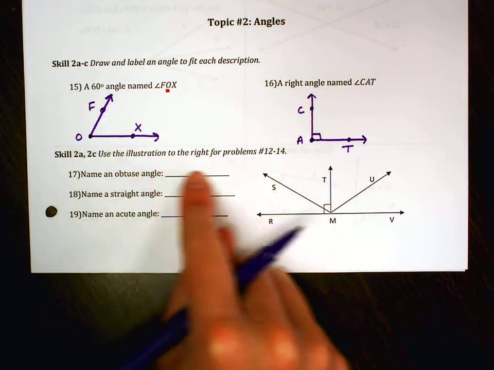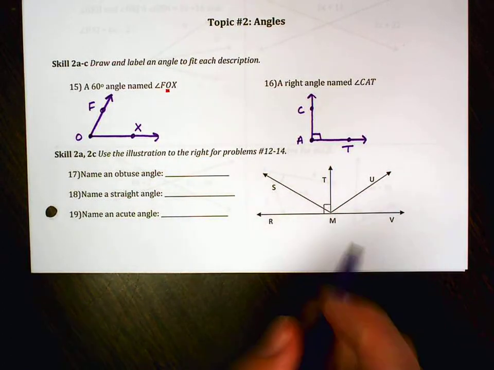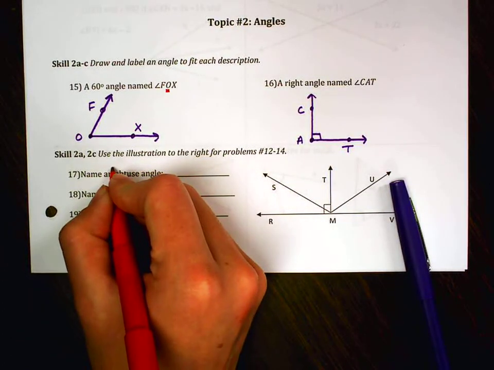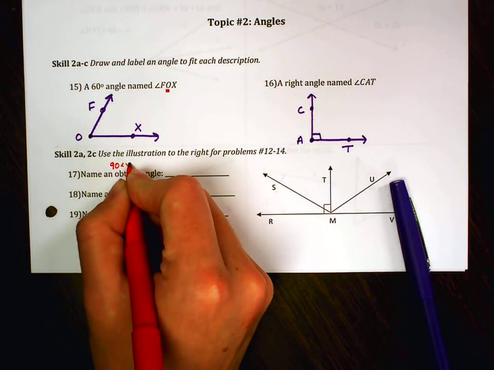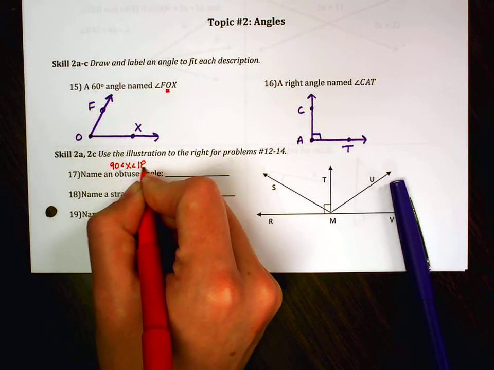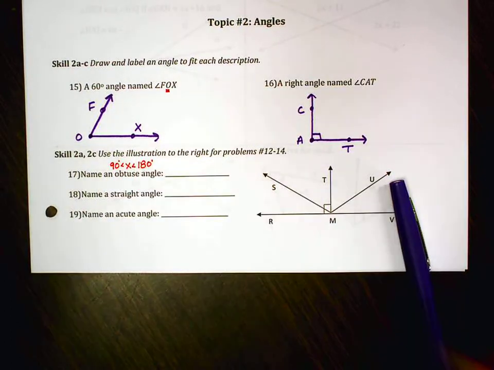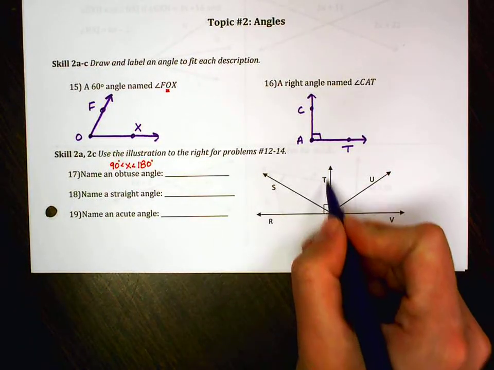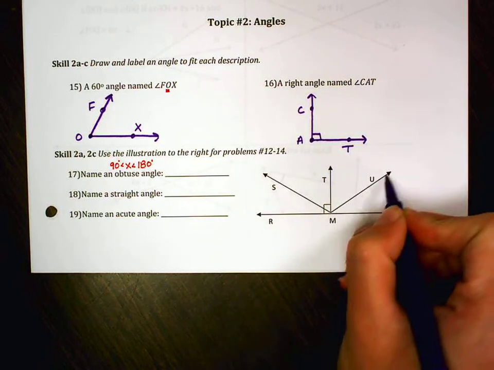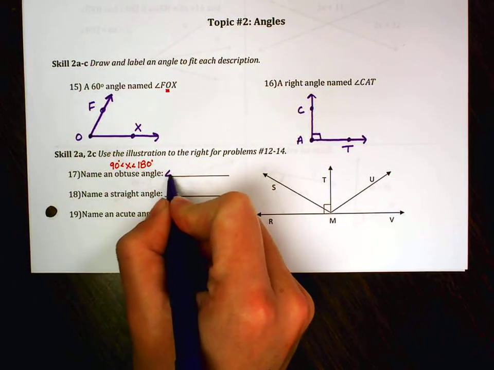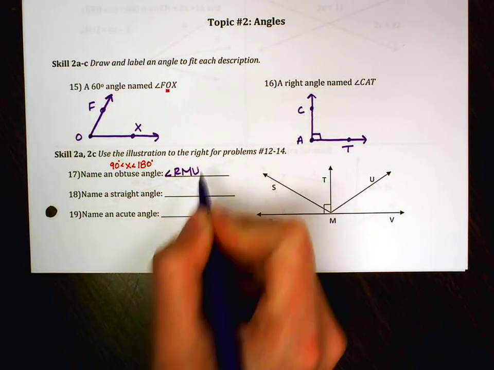Okay, name an obtuse angle. There's a lot of obtuse angles in this picture. Remember, obtuse means it's between 90 and 180. So one way we can indicate that is that the value of my angle has to be between 90 and 180 degrees. So if this is 90, it needs to get bigger than 90. So this angle would be an obtuse angle. So angle RMU. Okay.